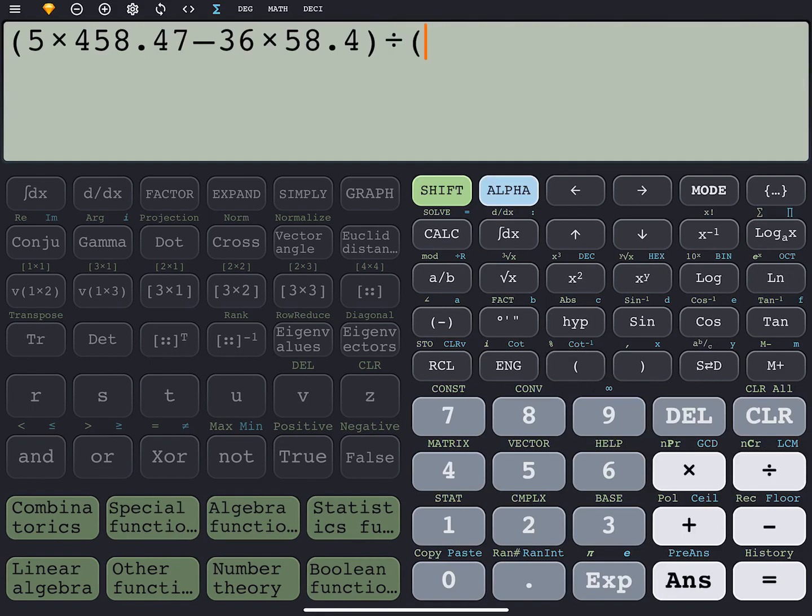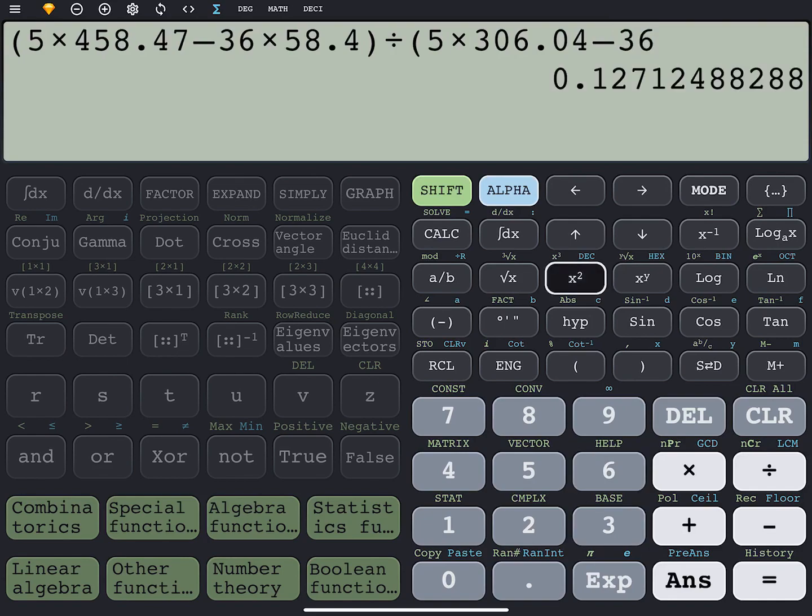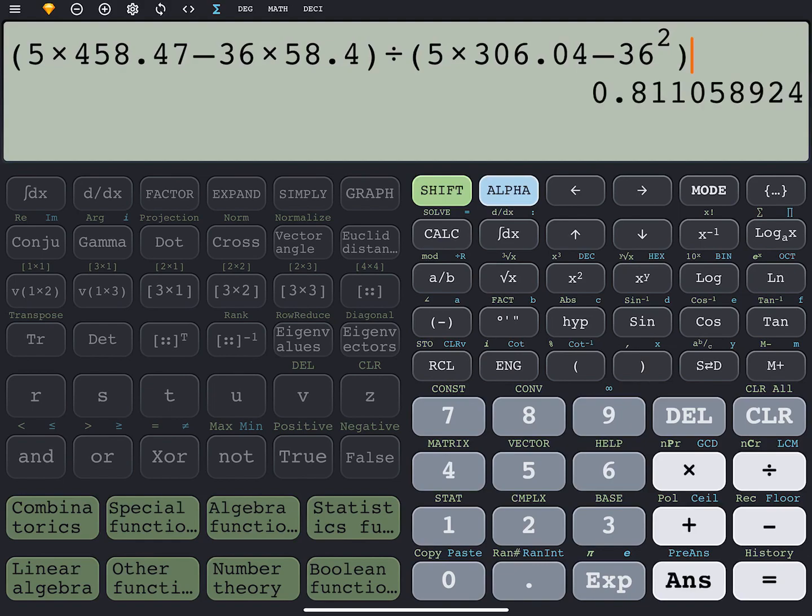Divided by, what do I divide by? 5 times 306.04 minus 36 squared. Close that. What do you guys get? 0.8111.